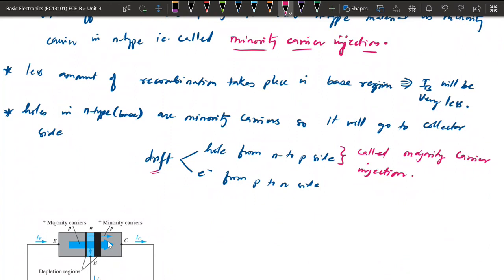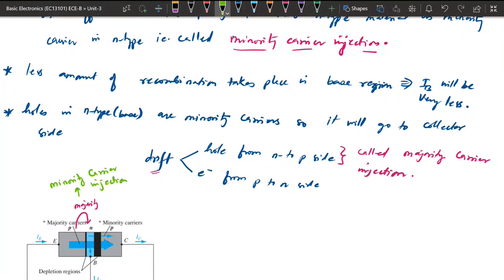From the p region to the n region, holes will be going. Holes are basically majority charge carriers here, and they will be going from here to here, and this is called minority carrier injection. Okay, so this is one of the processes in the forward bias diode.